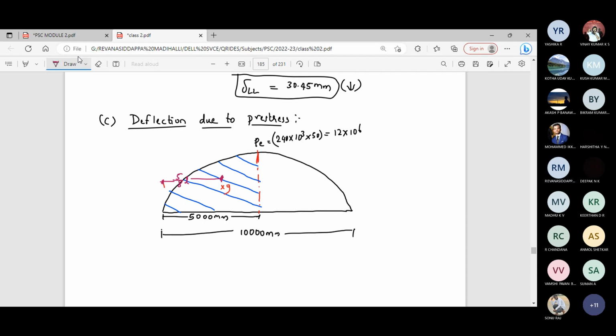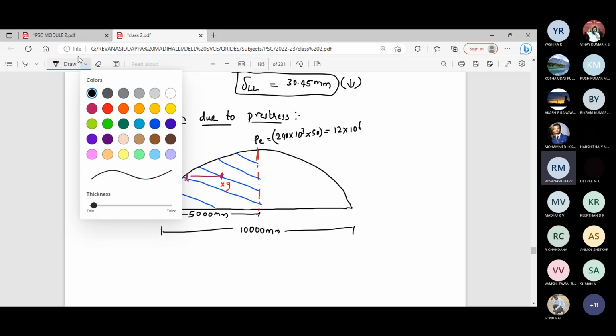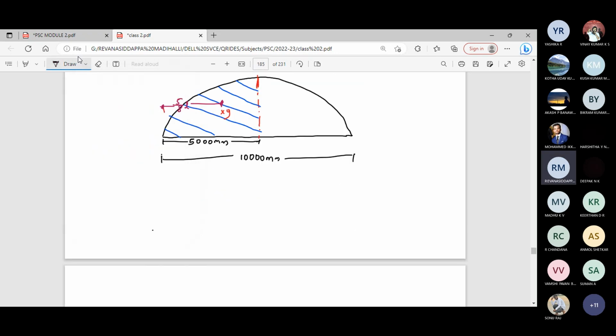Okay. Now we will take that generalized formula, that is, deflection due to pre-stress is equal to area into x bar divided by EC into Ix. Now you calculate the area of the parabola.